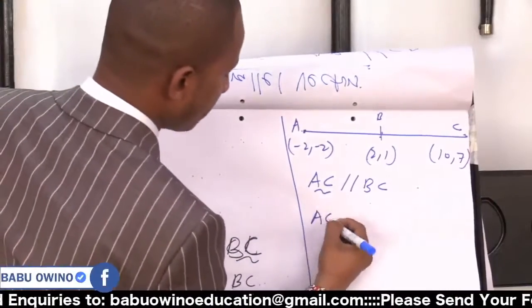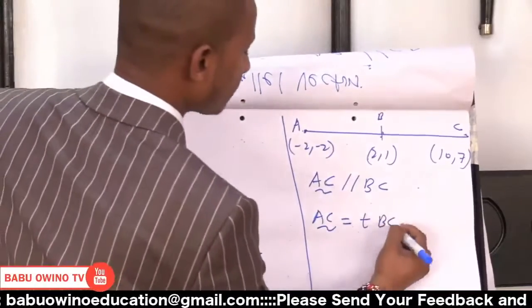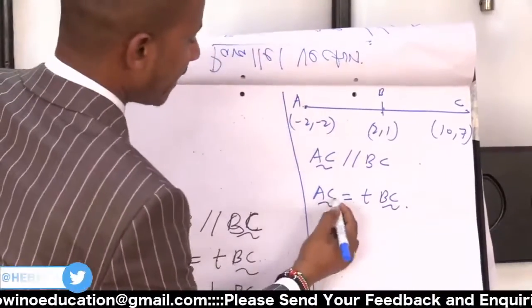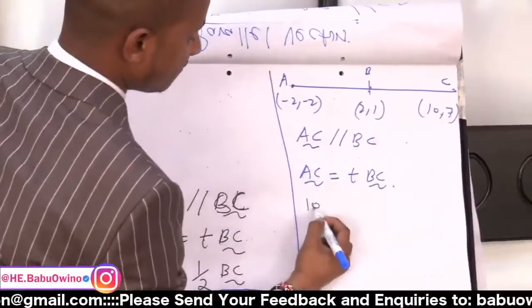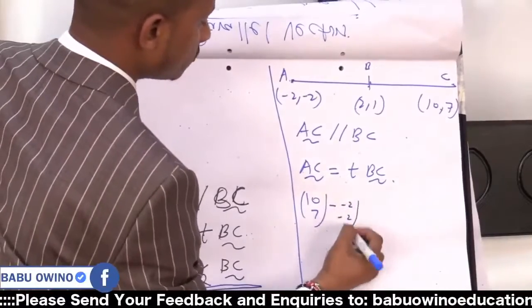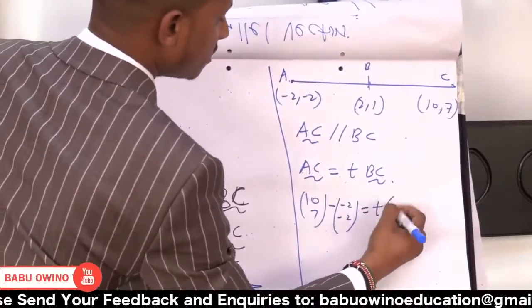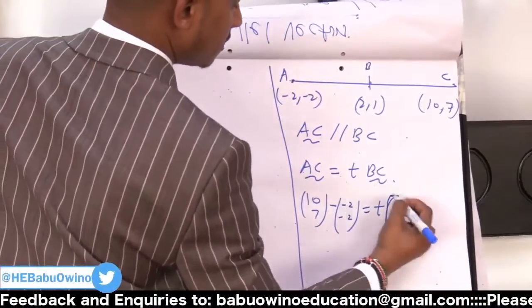So we said when they are parallel, then AC is a multiple of BC. So our AC means C minus A. So C minus A is (10, 7) minus A, which is (-2, -2), equals T of BC.